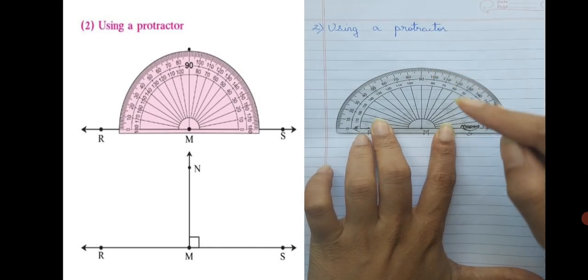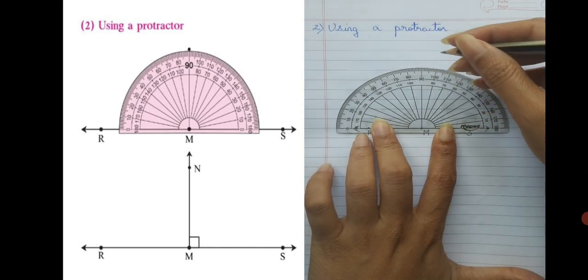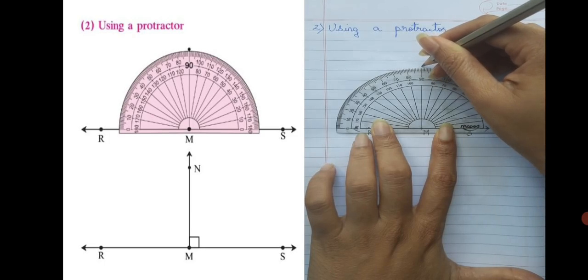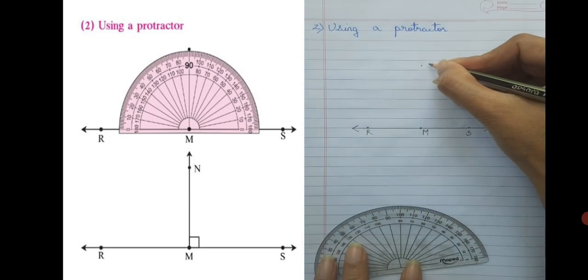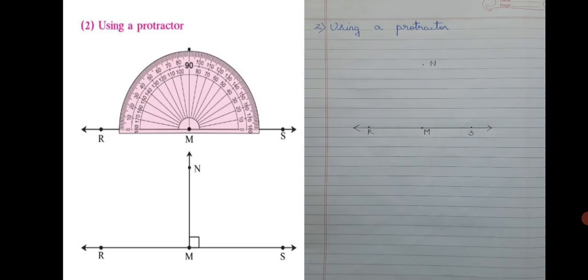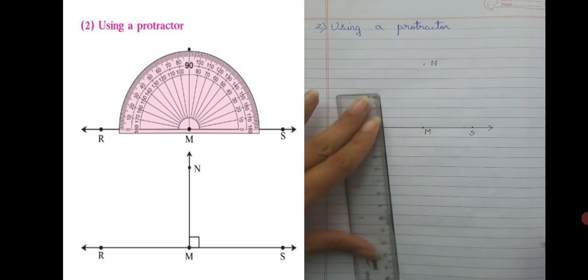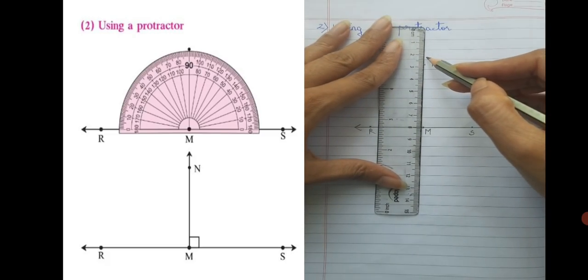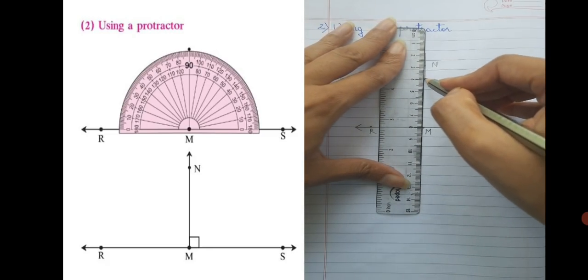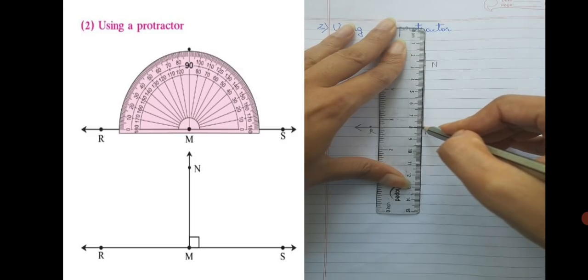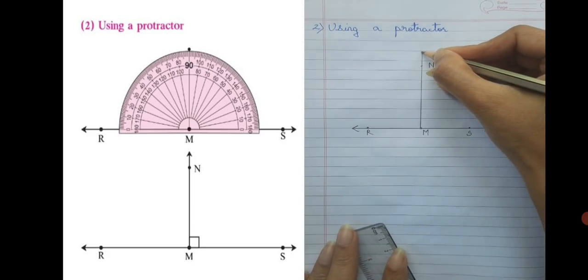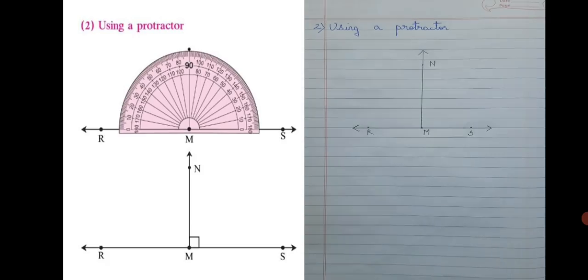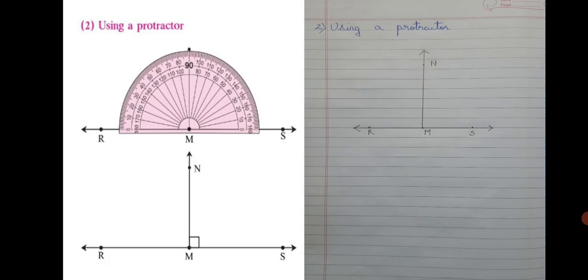Mark a point N exactly at the 90-degree mark on the protractor on top and name it point N. Now using a scale, draw a line passing through points M and N. You can stop at M or you can extend it further also down. So the line MN is perpendicular to RS at point M.